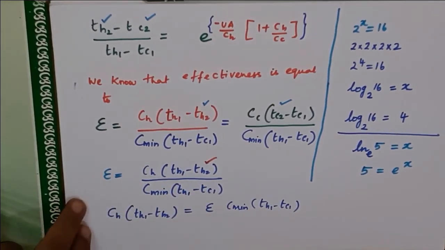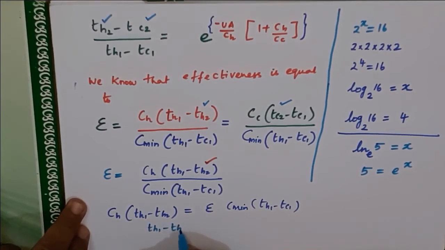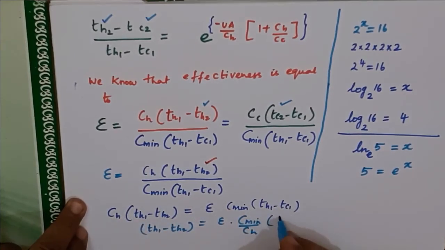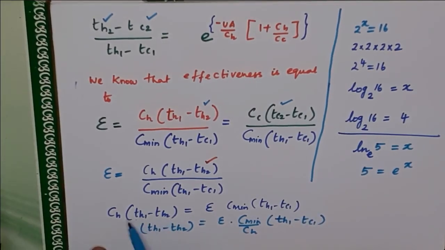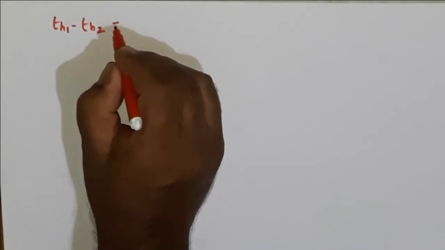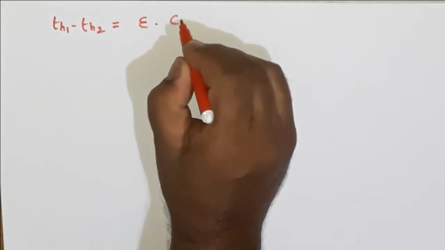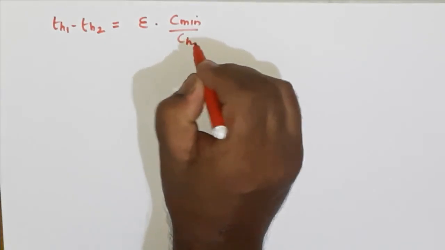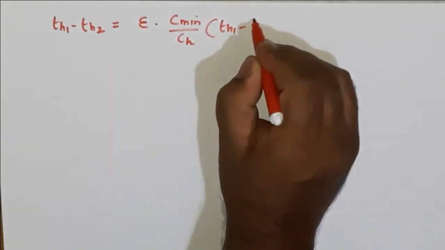Therefore, from this equation, I want only TH1 minus TH2, which is equal to effectiveness into C minimum divided by CH into TH1 minus TC1. So what I have done? I have brought the CH to the other side. TH1 minus TH2 is equal to effectiveness into C minimum by CH into TH1 minus TC1.